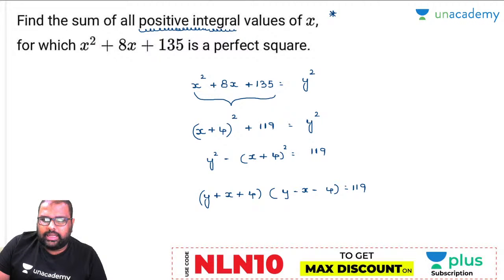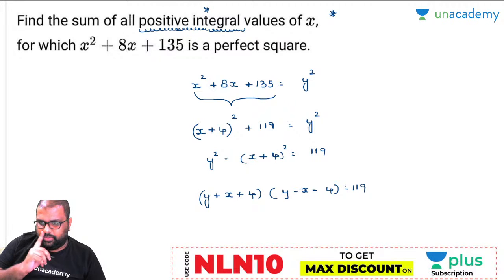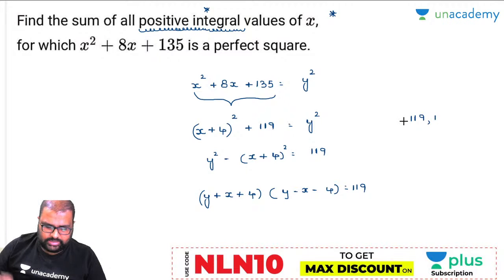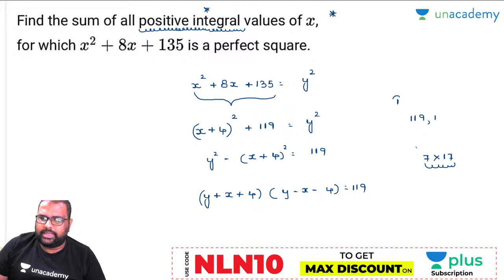You must not get any negative values. So what can I do? I can write the factors as 119 comma 1, vice versa, or otherwise I can break down 119 into two numbers, 7 into 17, which becomes 119. These are the only positive values I can get there. So case 1 and case 2. Am I right?